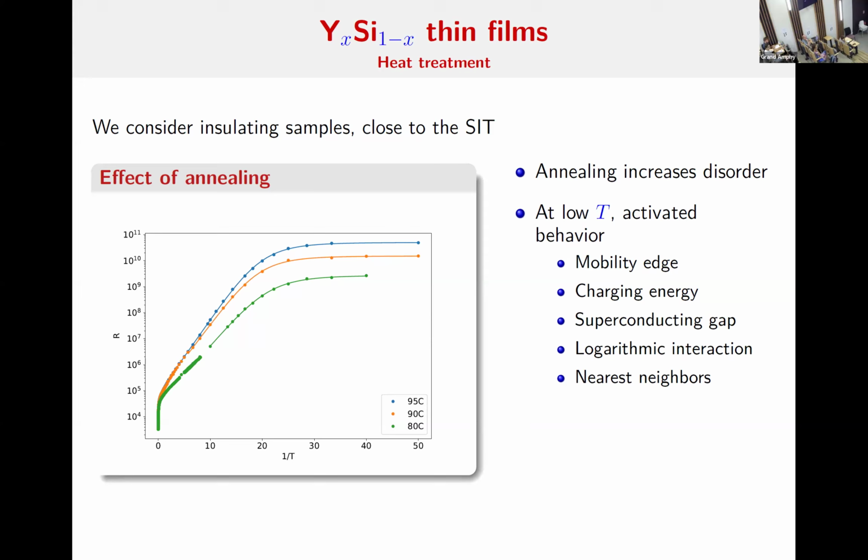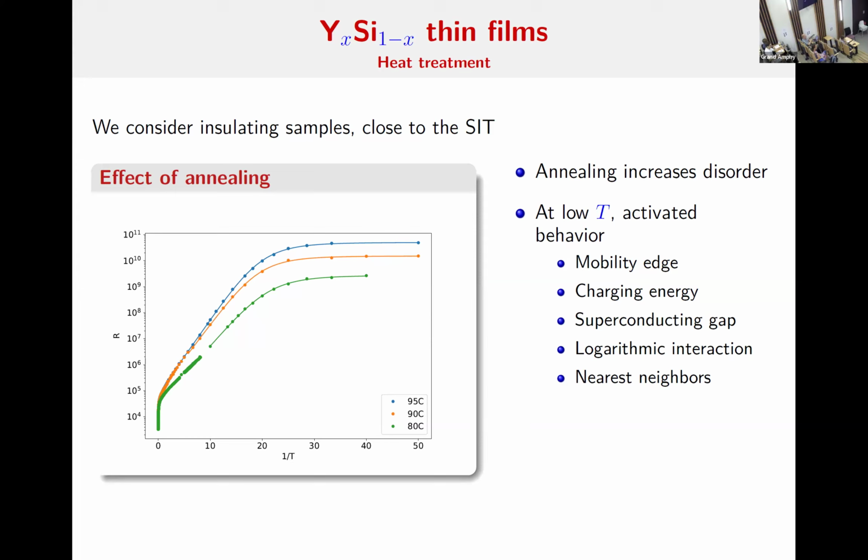So the different possibilities: one is a mobility edge, meaning there is a band at high energy, and in order to conduct, you have to get excited to this band. The other is that you have grains or pseudo-grains, a granular structure, and then you have a charging energy, and in order to conduct, you jump to a nearby grain and you have to pay the charging energy. The other, more related to this talk, is that there is a superconducting gap, so if you want to conduct by electrons, you have to go into grains that are superconducting.